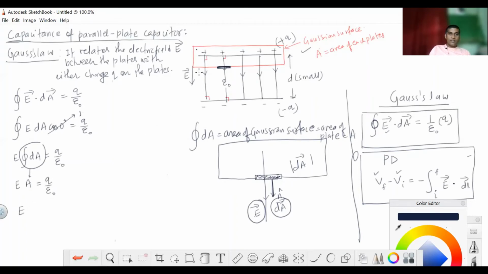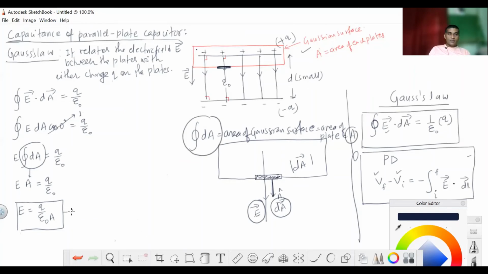So the electric field between these two plates equals Q by epsilon 0 A. We must note that we are taking that part of the Gaussian surface through which electric flux is passing, or which contains electric charge. Since the electric charge is present on this plate, and the plate has area capital A, this integral gives the value capital A.